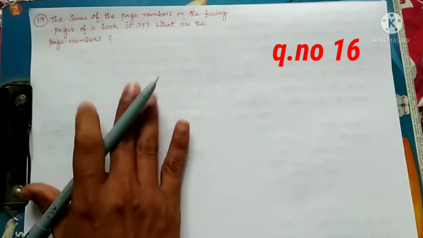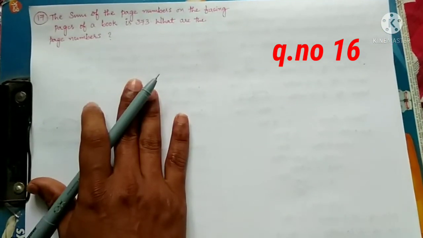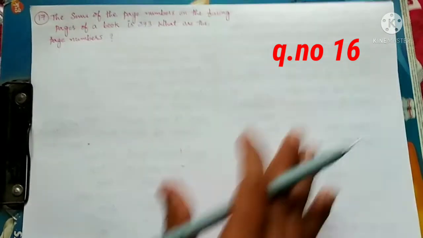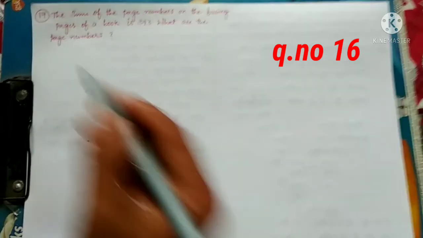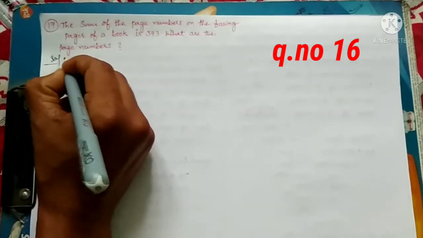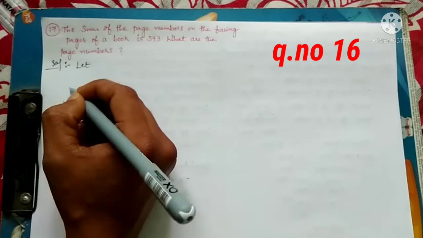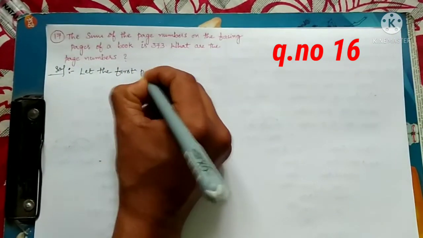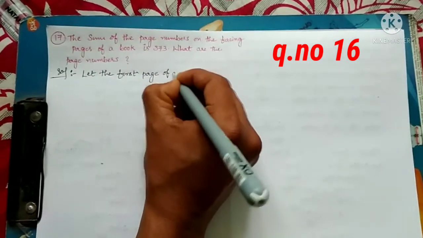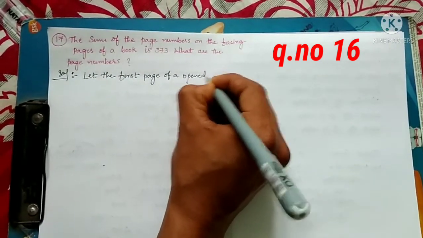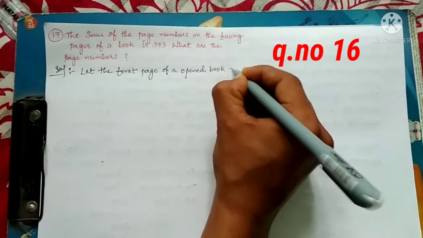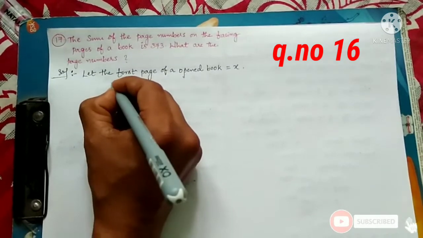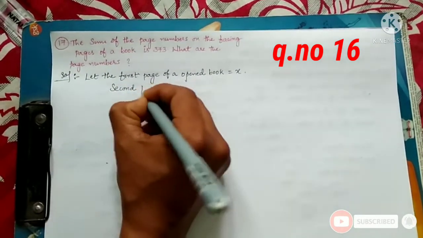Let us take the first page number as x, and if I add 1 to this page number, we get x plus 1. So let the first page of an opened book be x. What will be the second page of an open book?